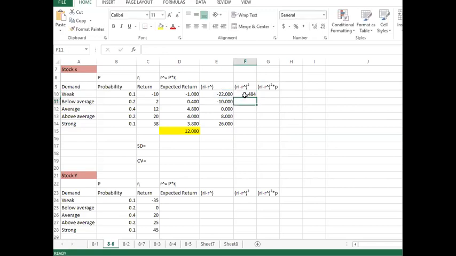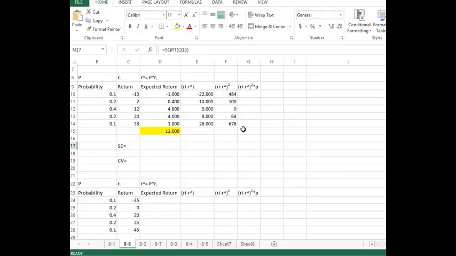Square. So in the next step, we simply multiply probability with Ri minus R hat square. Multiply by P.